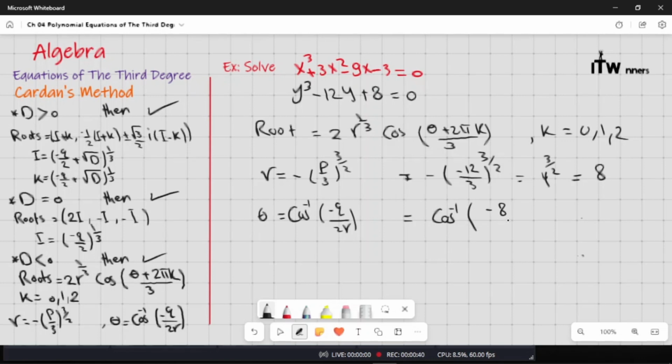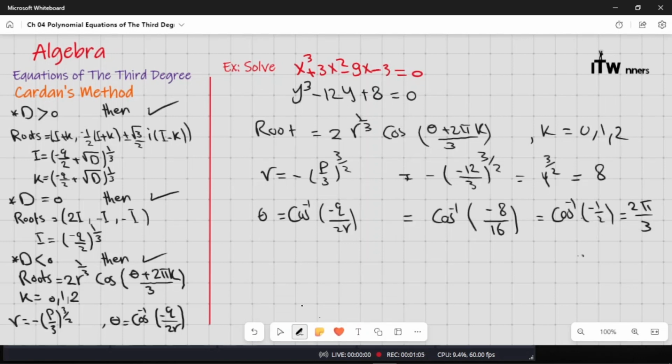So we have here negative 8 over 2r, so we have here 16. This is equal to cosine inverse of negative 1 half. Then theta will be equal to 2 by 3 of pi. So we have here 2 pi by 3.